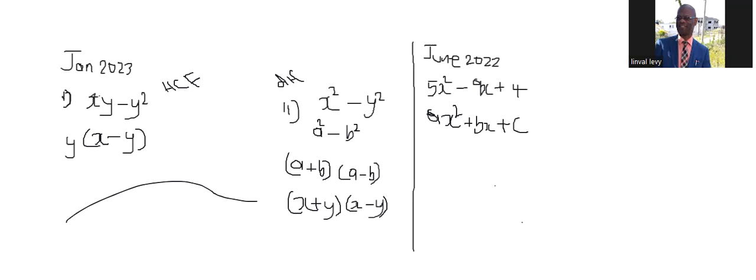That's the general form, or general formula, for the quadratic expression: ax squared plus bx plus c.